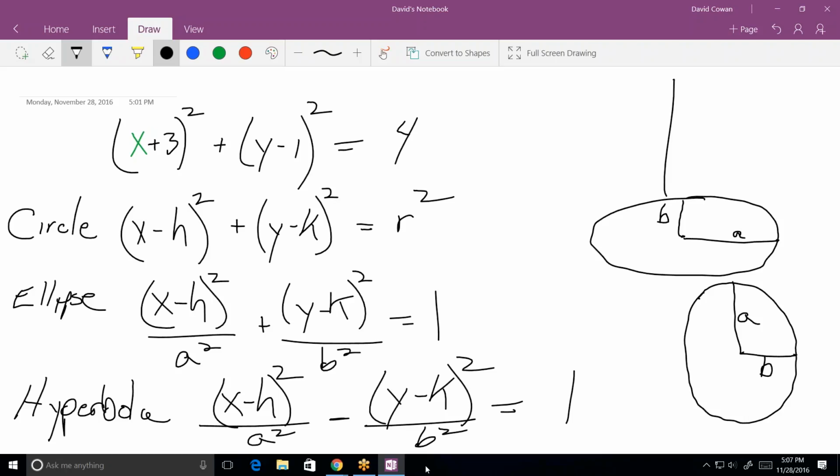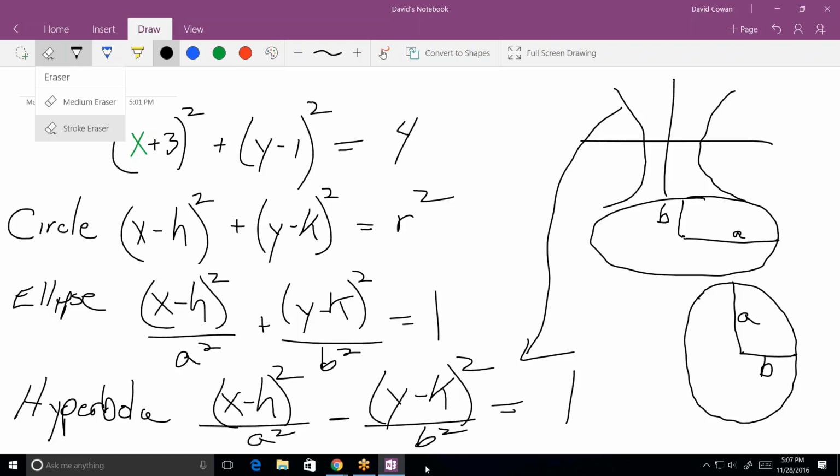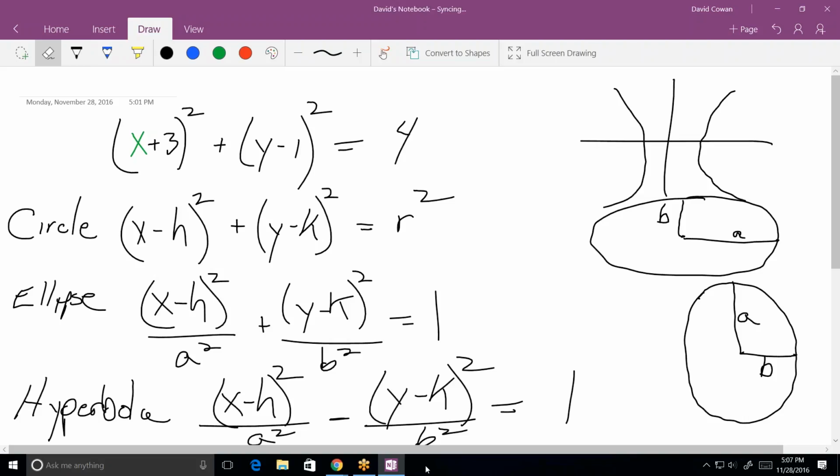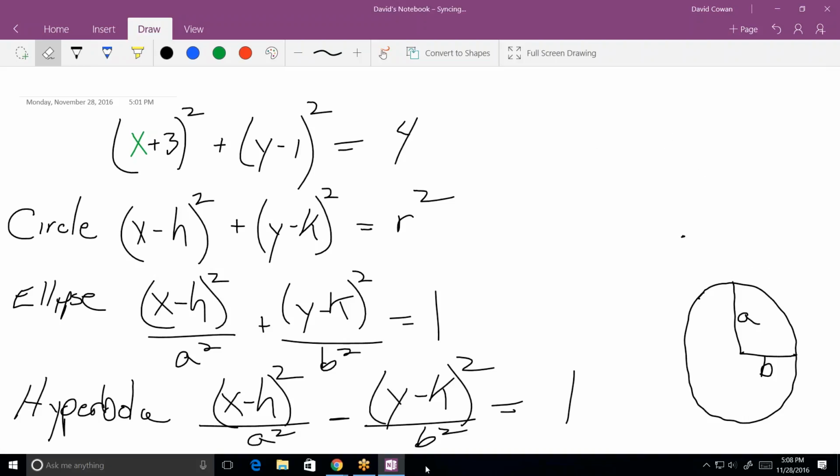Hyperbolas look kind of like this. And the equation of the hyperbola is that. So at some point when you study all four of them, they will give you a polynomial and they'll say, what is this?